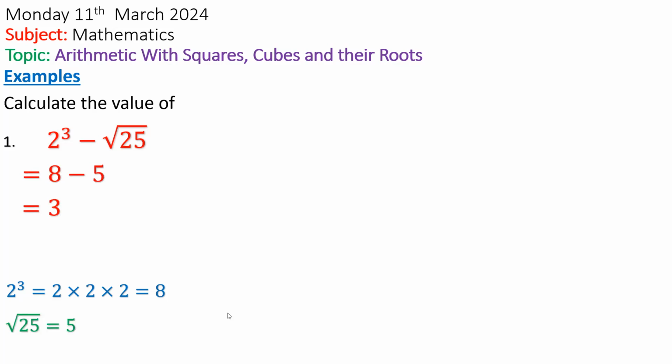We do 2 cubed, which is 2 times 2 times 2, which is 8. Then we do 8 minus the square root of 25, which is 5. We do 8 minus 5, which is 3. Do y'all understand this? Let me know if you understand this. I understand. Good. Yes, sir.